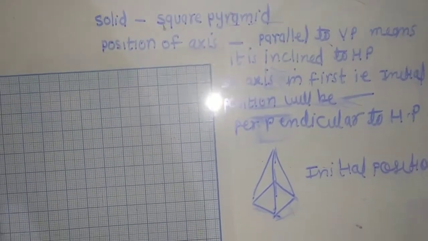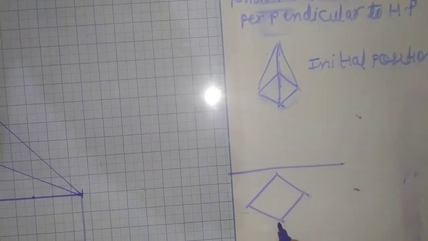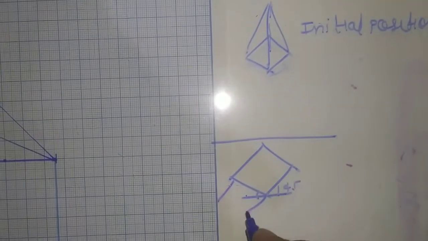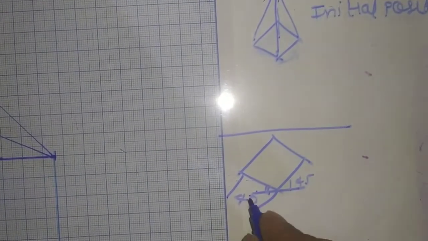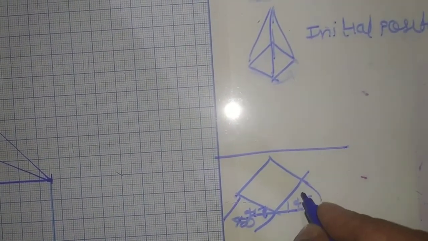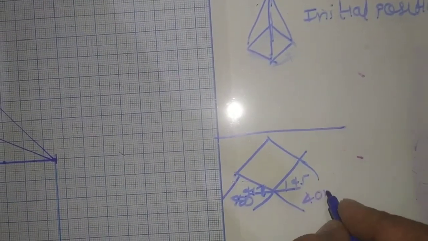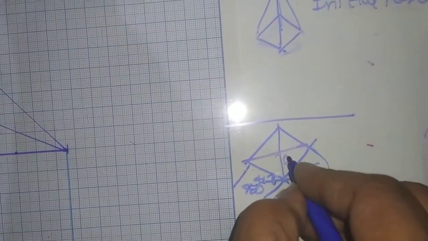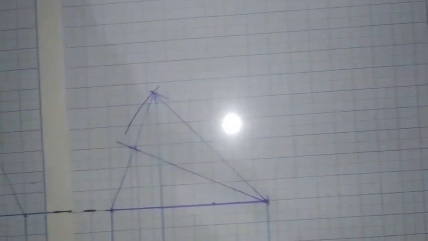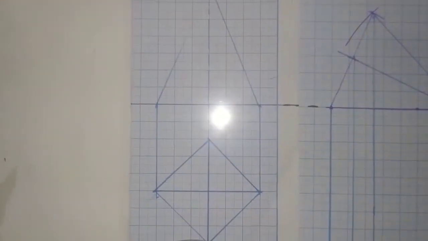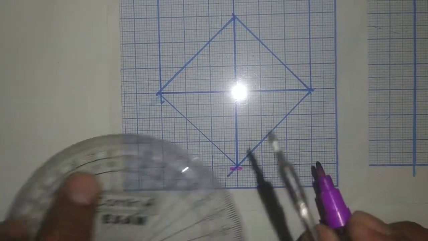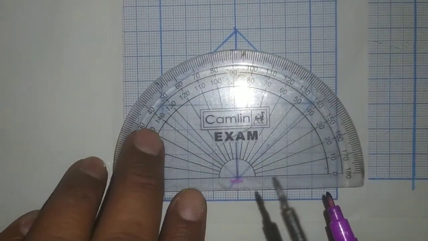That is at 45 degree. What is the length? We have to take 40 mm. At 45 degree, this length is 40 mm. This is the center OP. Then you have to draw the front view. Now here we have drawn, first you have to mark a point here at 45 degree.